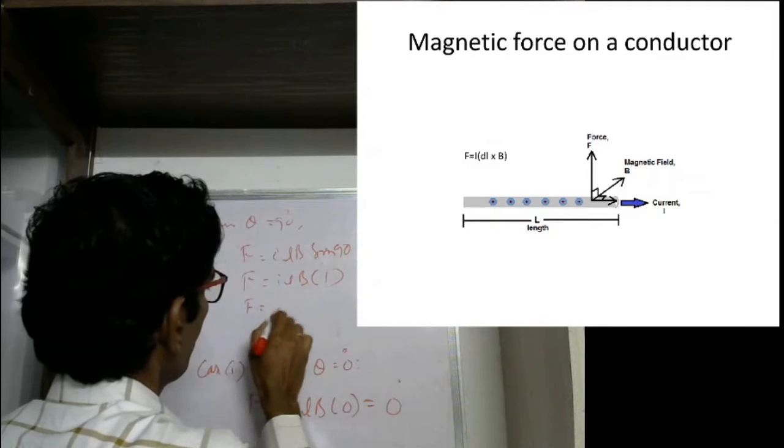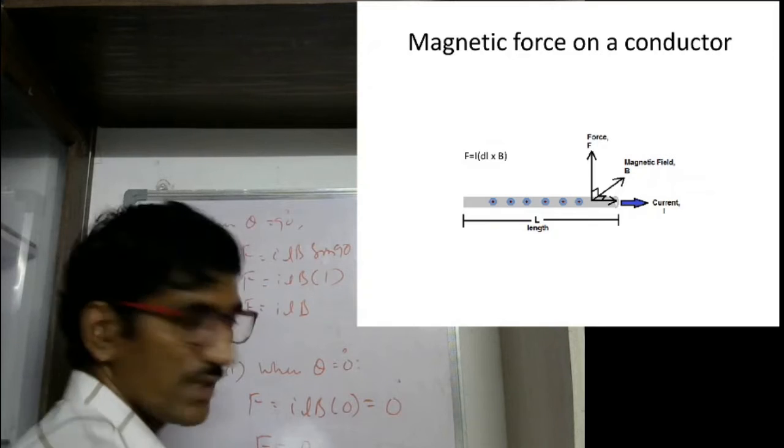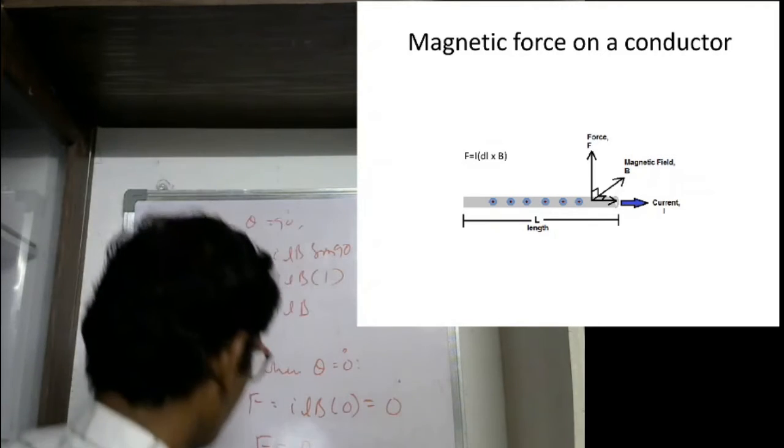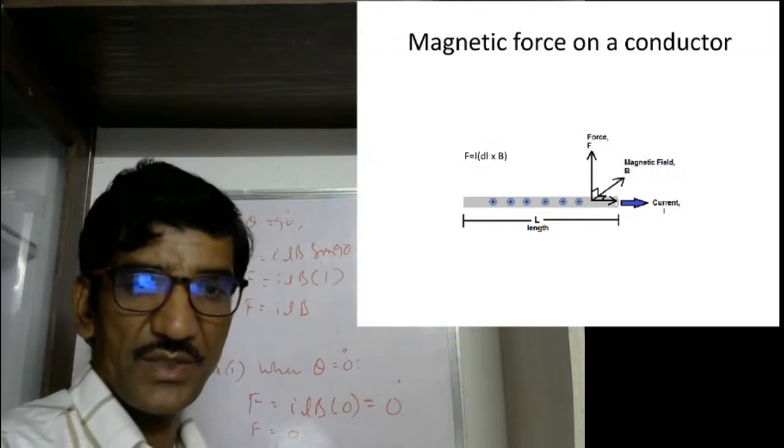So F is equal to I L B. In the earlier case, you have F is equal to 0.